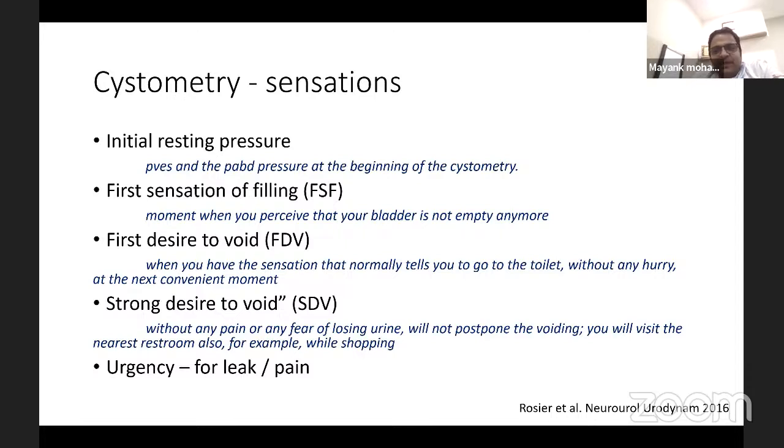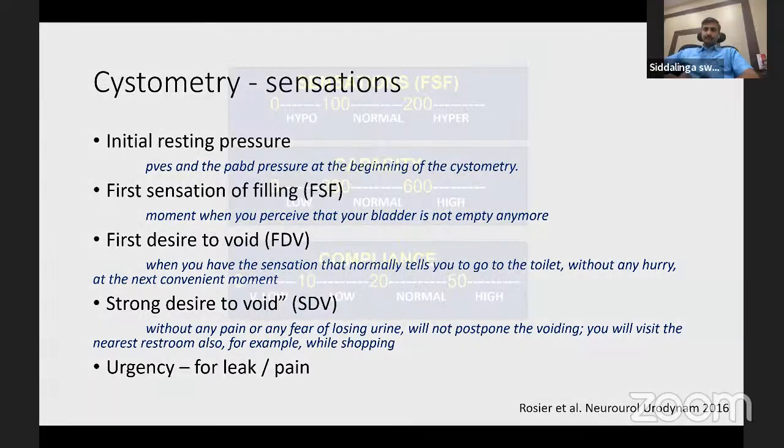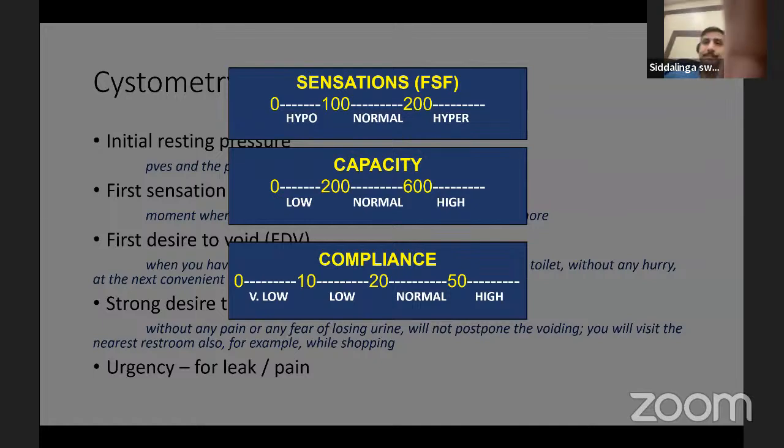And the patient normally will not hold urine more than strong desire to void, so it is irrelevant to fill the bladder anymore beyond that. Urgency is anyway a pathological sensation or finding, so urgency is not as such marked in a normal urodynamic study unless you have urgency.